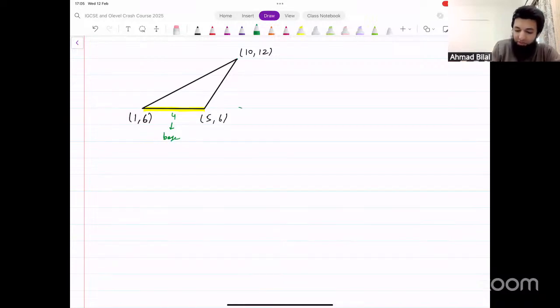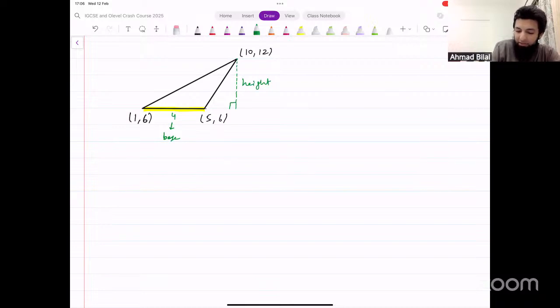So this base is horizontal, perpendicular to that means a vertical line. If we draw a vertical line here, that is going to be outside the triangle, okay? And that is possible sometimes, that the height of the triangle is outside the triangle.